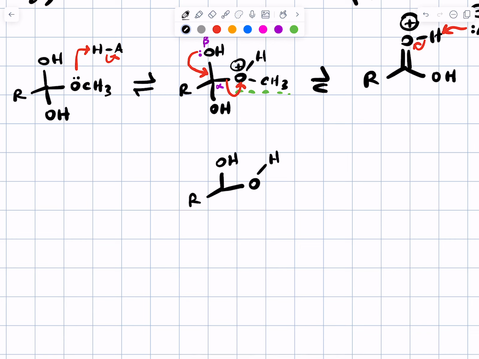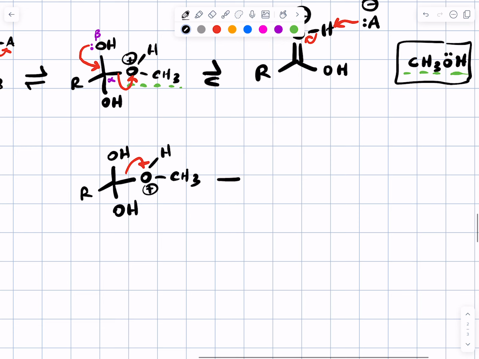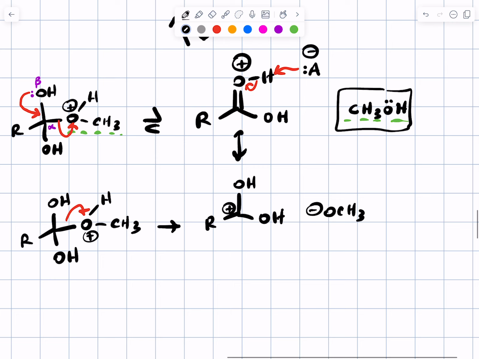Sometimes rather than show the influence of the kicker offer group, realize that's not a word, the text will show the leaving group leaving without any kicking offing, to give you this intermediate. Notice that this intermediate is simply a resonance structure of that one, except that's not a negatively charged oxygen. So either way of pushing the arrows is fine.